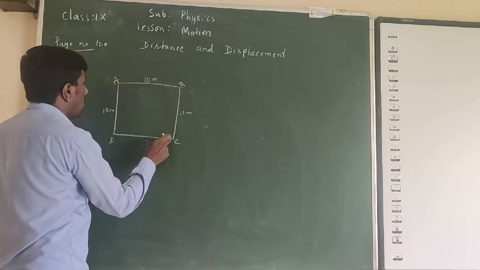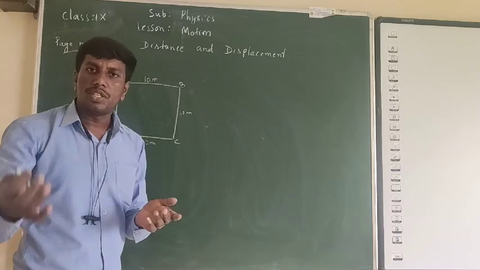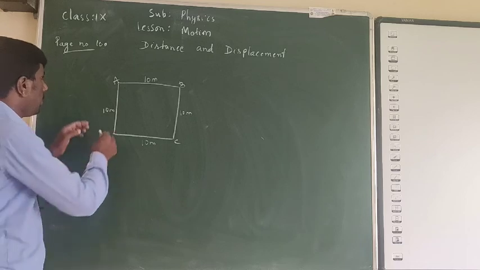So for one round, how many meters is it in total? 40 meters. And in how many seconds does he complete it? In 40 seconds.